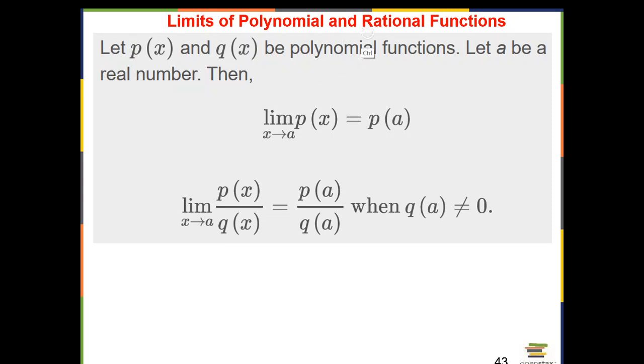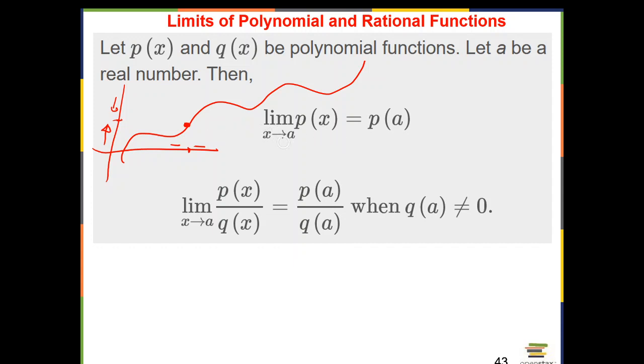So limits of polynomials and rational functions are very easy to find. You just have to find the function value. The limit of a polynomial is nothing but the function value, because polynomials don't have any breaks. At any given point, if you go from left and right of this number, the function values approach that number, and that is the limit.